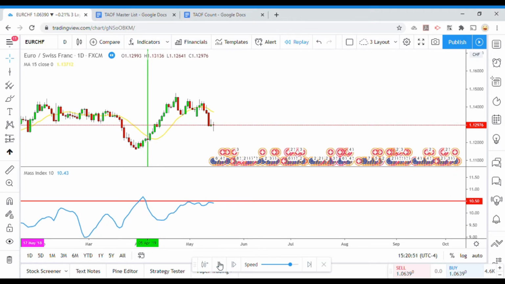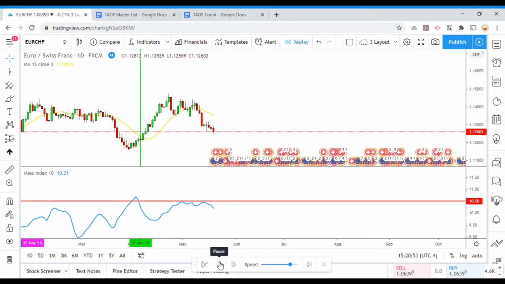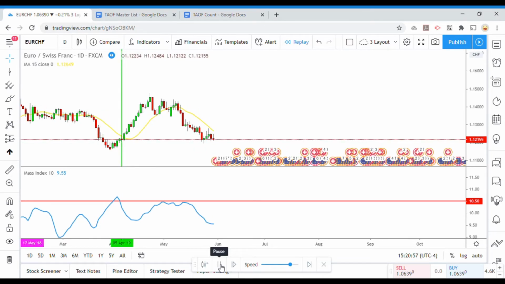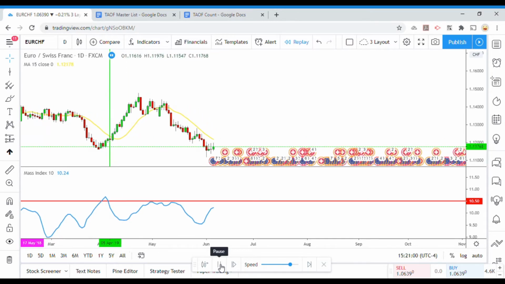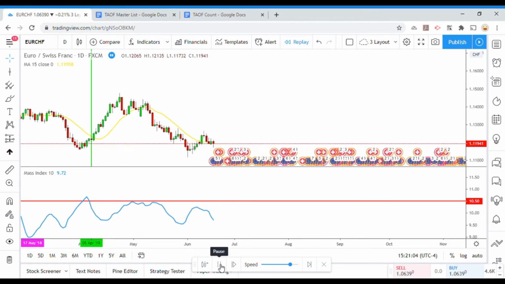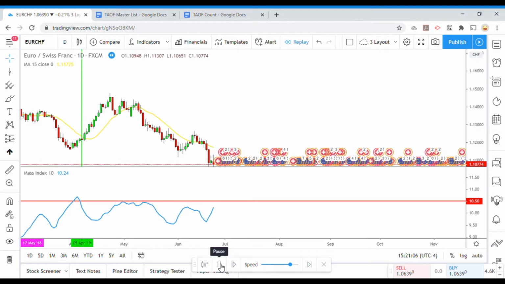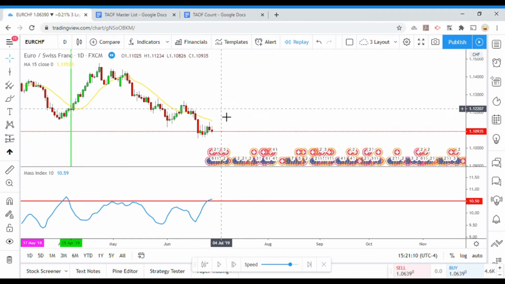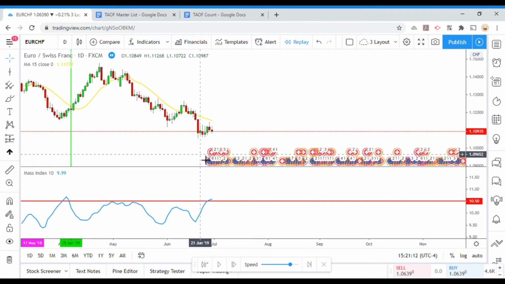So just because it's called a reversal indicator doesn't necessarily mean it is a reversal indicator. I mean, at a certain point, almost all indicators are reversal indicators. But where does the scale tip where it goes from being a reversal indicator to a trend confirmation indicator? That's the question.